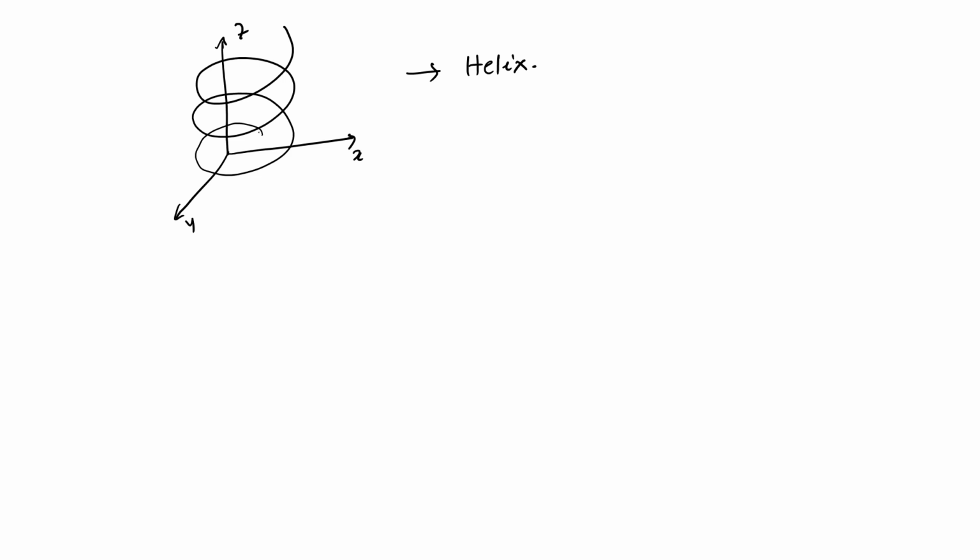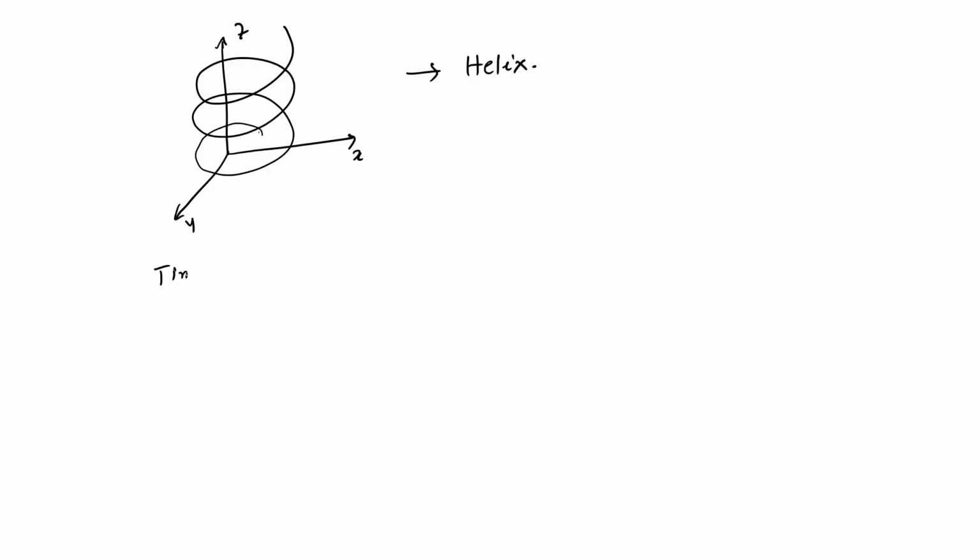So, this actually moves ahead in the z direction and executes a circular motion in the xy plane. If you take a cross section, it is a circle, but otherwise it is a moving circle.